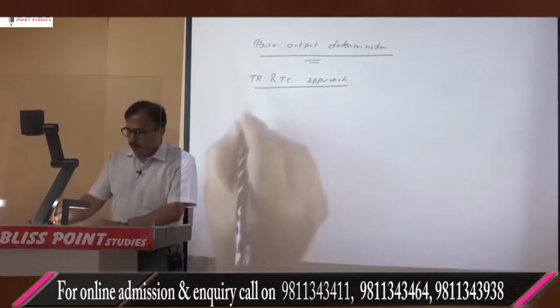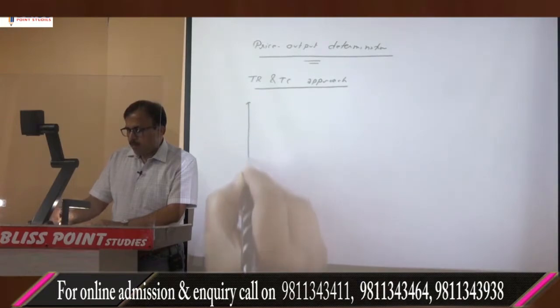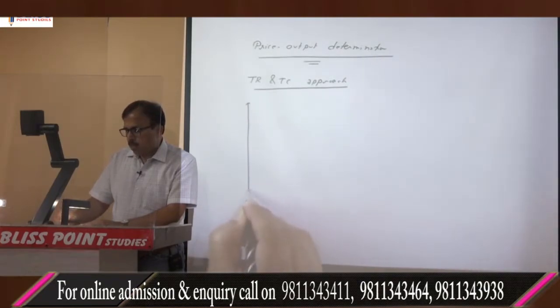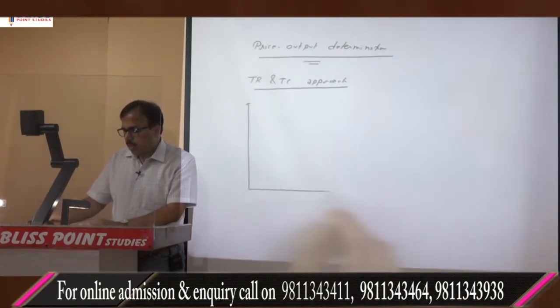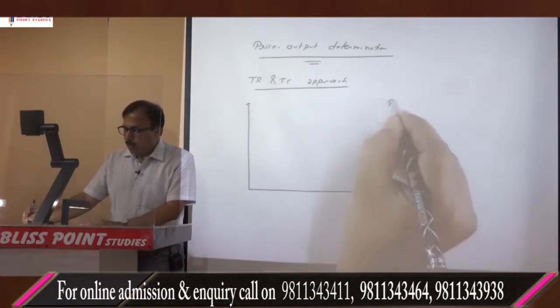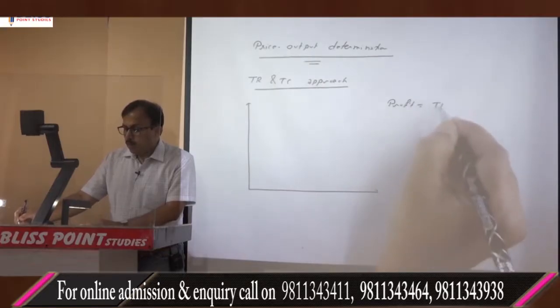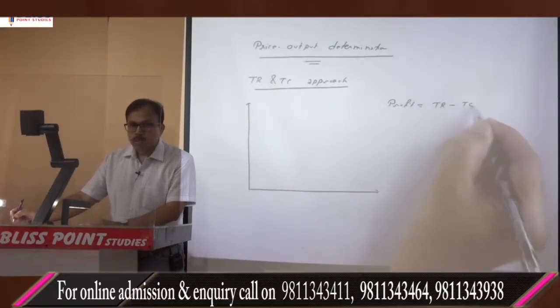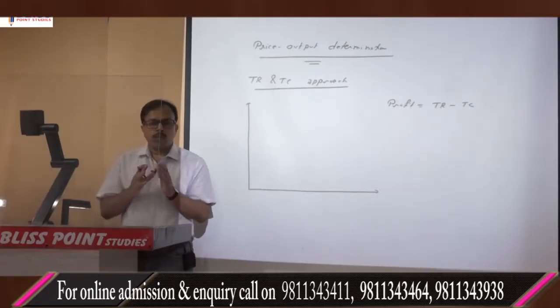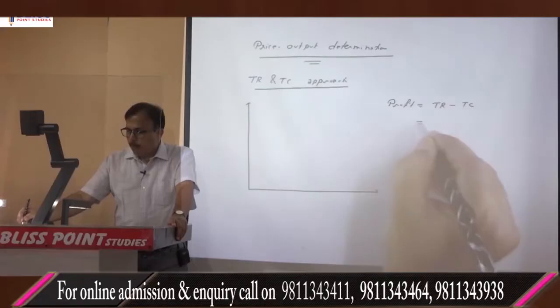So focus here. First we have to explain this in graphical way. So when we calculate profit, it is difference of revenue and cost. So we have to draw revenue line, we have to draw the cost line one by one.